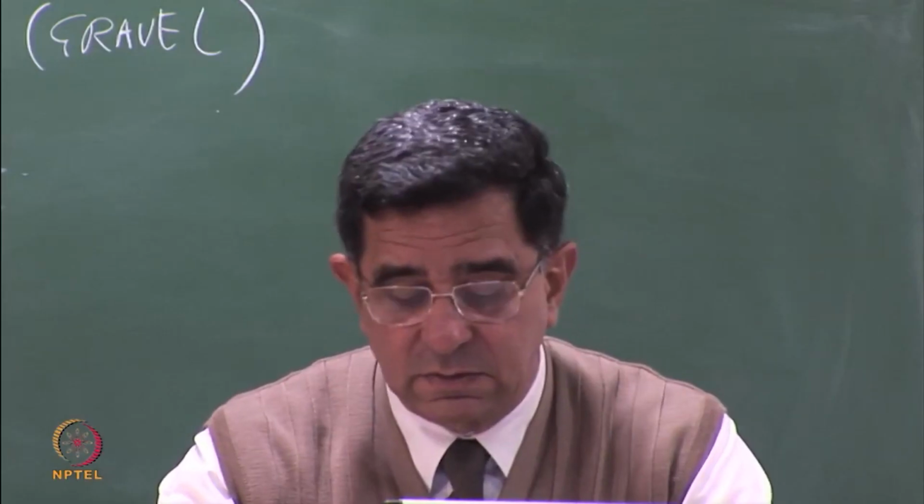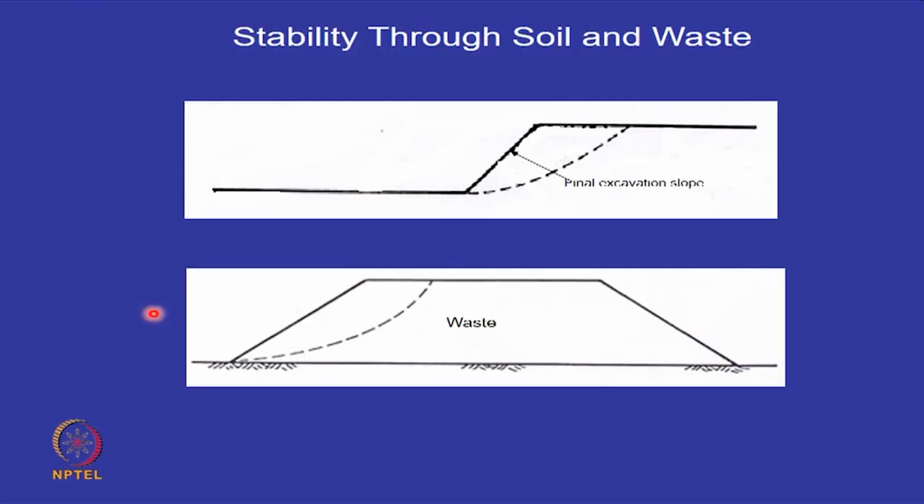So there are two types of failure surfaces that you are going to deal with: circular failure surfaces and straight line failure surfaces. So if you are looking at an excavation in soil, you would be interested in the slope stability. It will be a circular failure surface. And if you are looking at a waste dump made of garbage or refuse, then perhaps it's like an embankment. Does it look like a soil embankment?